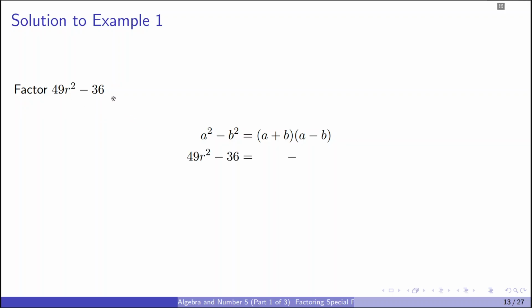And b is 6. So 49r squared, we take that square root. And with 36, we take that square root. That's a 6. Fitting this pattern, we put our 7r's and our 6's where they belong. This is now fully factored.